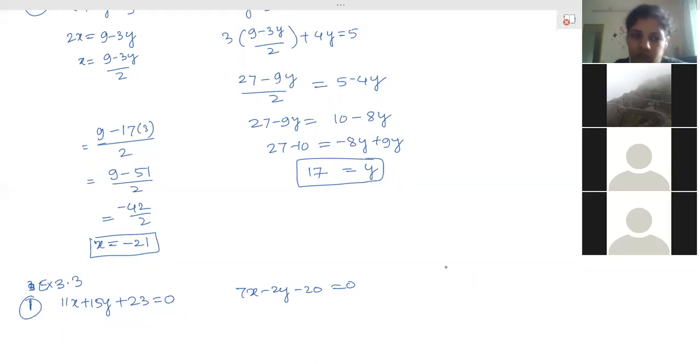Ma'am, is y equal to minus 3 and x is equal to 2? Yes, right.